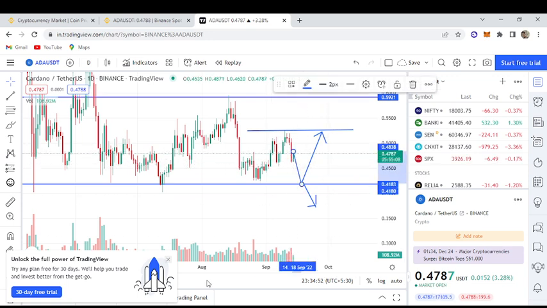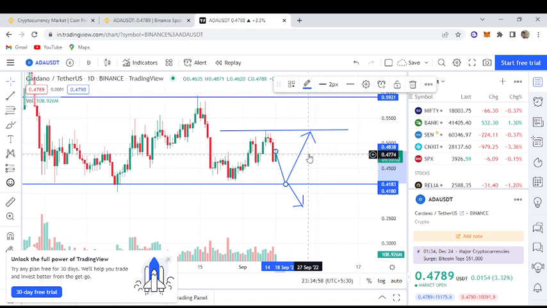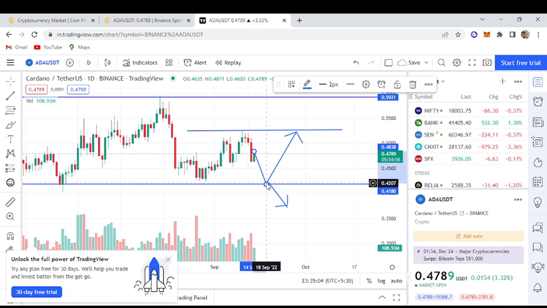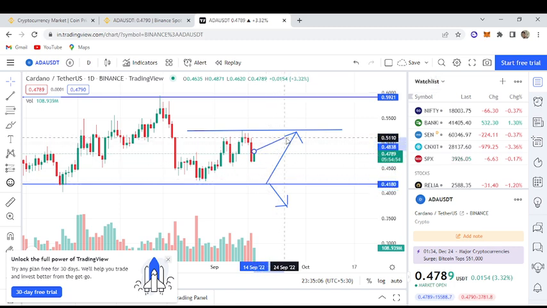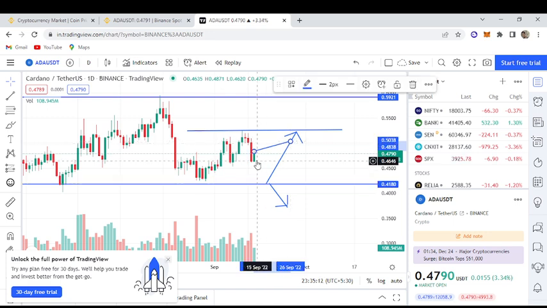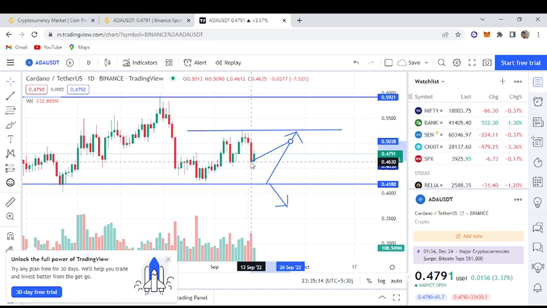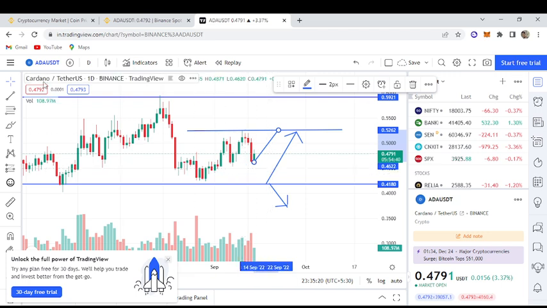But there is another possibility. As we can see some good volumes, and also the support level was already tested one time, it may just pump right away from this position. From there, it can directly pump to this.